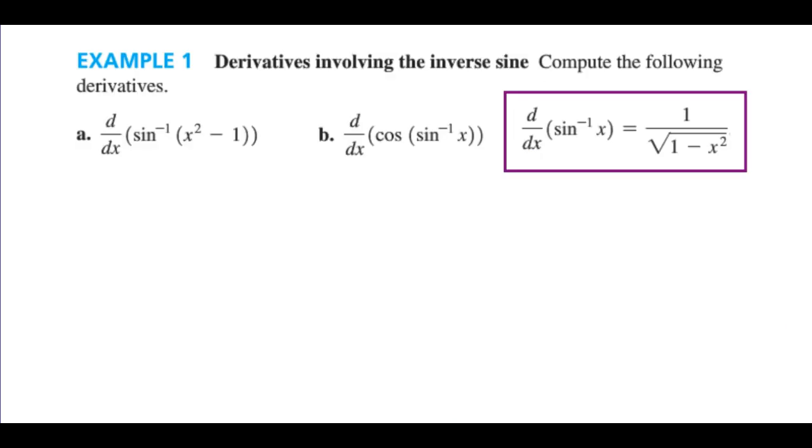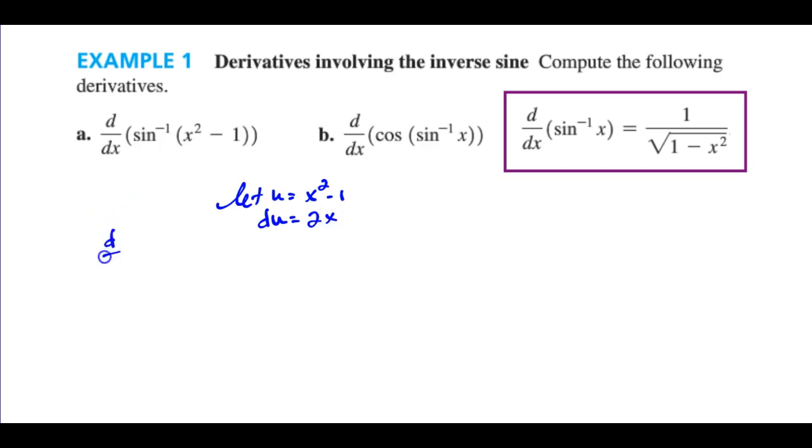All right, after you have a bunch of stuff memorized, we can work a couple problems. In section 3.7, I talked to you about the chain rule, where we did a little function within a function, a substitution. If we let u be the x squared minus 1, then we'll have a du of 2x floating around. That's the chain rule.